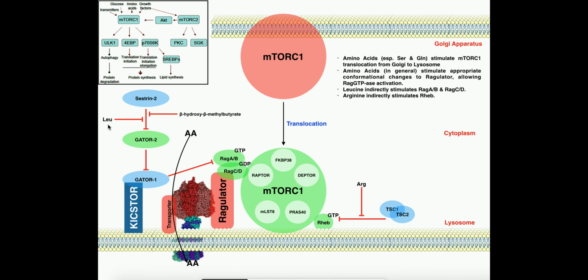But notice that in the same way that leucine and other BCAAs inhibit Sestrin2, leading to activation of GATOR2 and mTORC1, HMB actually has the same function. It does the same thing at this step that leucine, valine, and isoleucine do. So this also explains the mechanism more clearly of why HMB does what it does in muscle protein synthesis. All right, so hopefully this gave you a good understanding of mTORC1 and muscle protein synthesis.